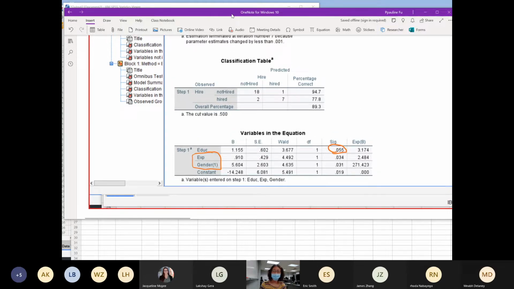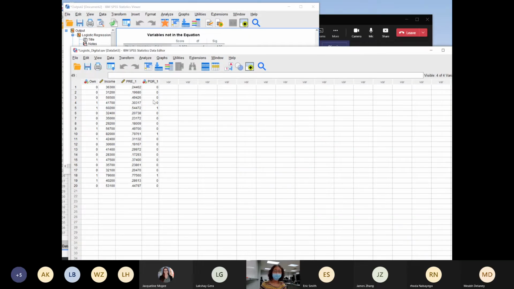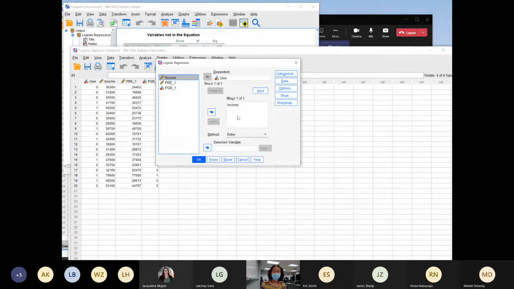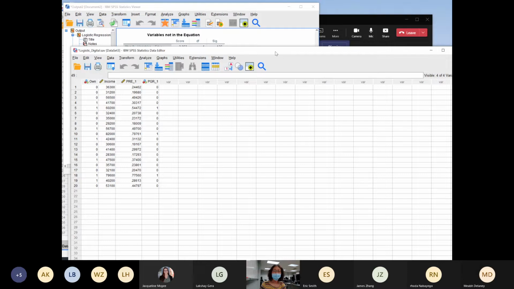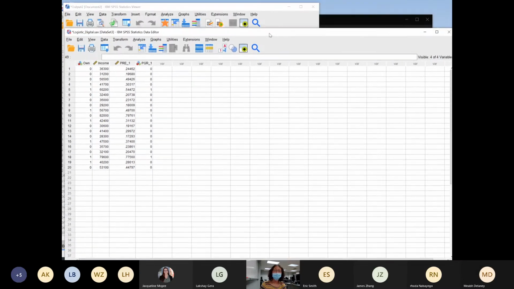So go back to the data. So analyze, regression, logistic. Is this the one? No, this is not the data file. I need to open another one.